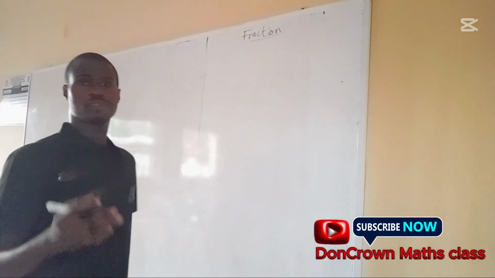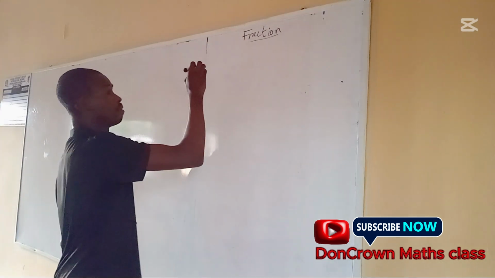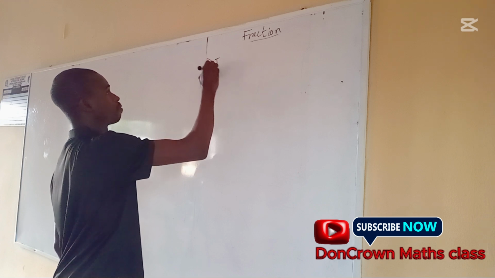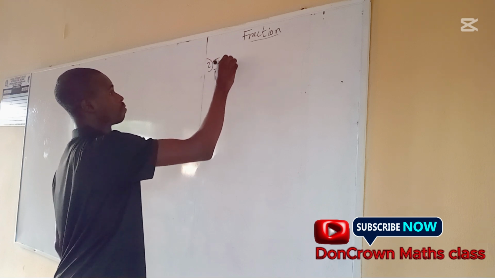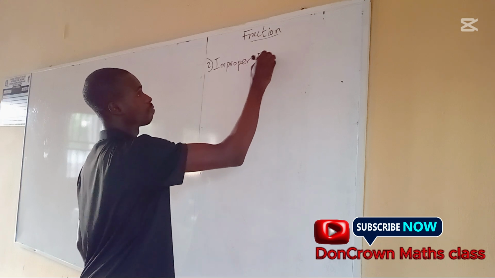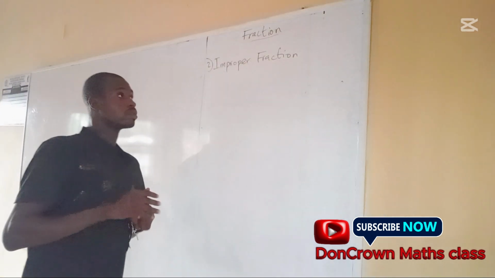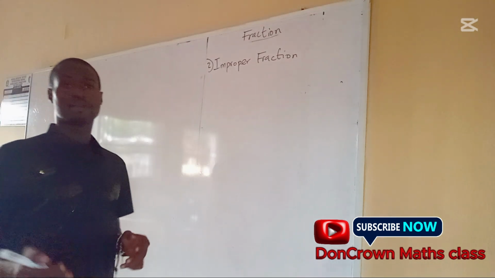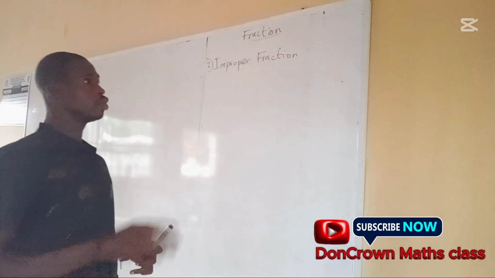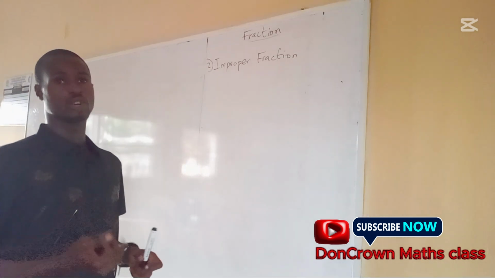Another type of fraction that we have is the improper fraction. An improper fraction is a type of fraction whereby the numerator is greater than the denominator.